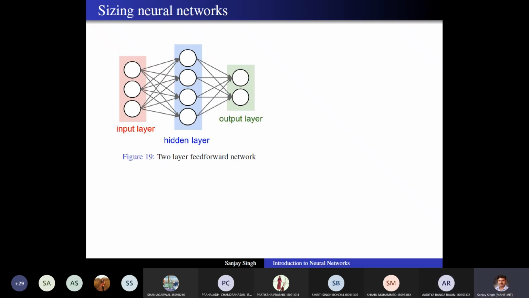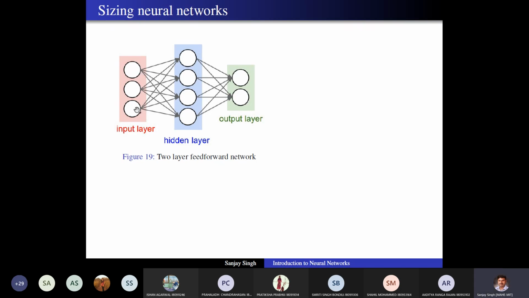Some time back, I told you that the input layer will be denoted by square boxes, not by circles. But I got this diagram from somewhere, so everything is mentioned in circles. I told you that in the input layer there are no neurons. Here, you can imagine these are square boxes only, just to indicate that there are three input points, x1, x2, x3.